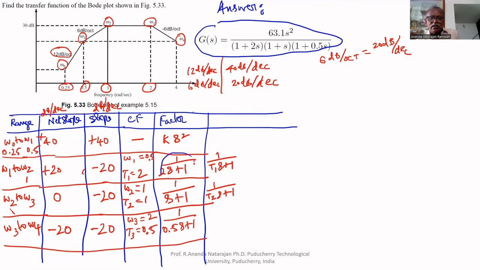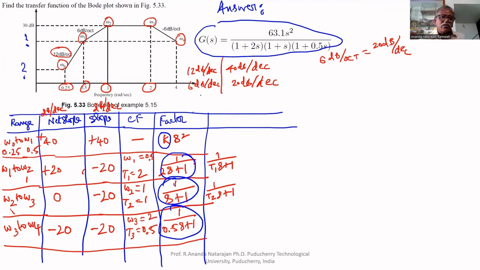So all three factors we got. The only thing is we have to find K. To find K, either at omega naught or omega 1, we need the magnitude. At any one place we need the magnitude, but it is not given.